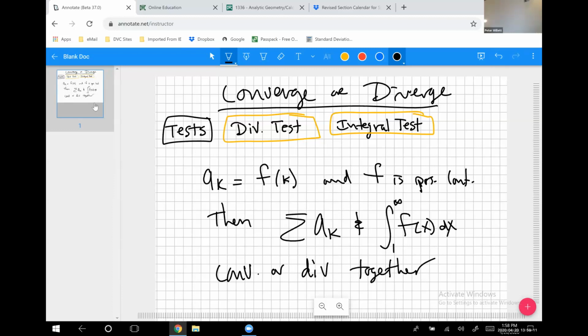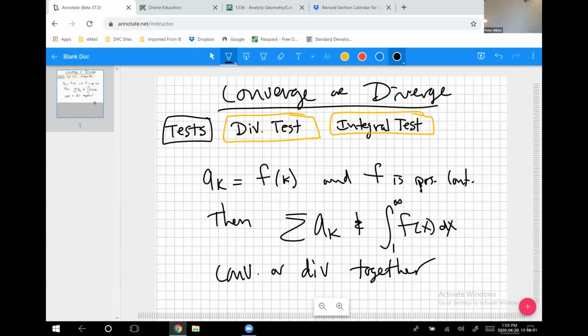So why was this helpful? This was helpful because it means all of the work we did with improper integrals in 7.8, where we were determining whether integrals converged or diverged, these little infinite-tailed area problems, we can apply to series as well.